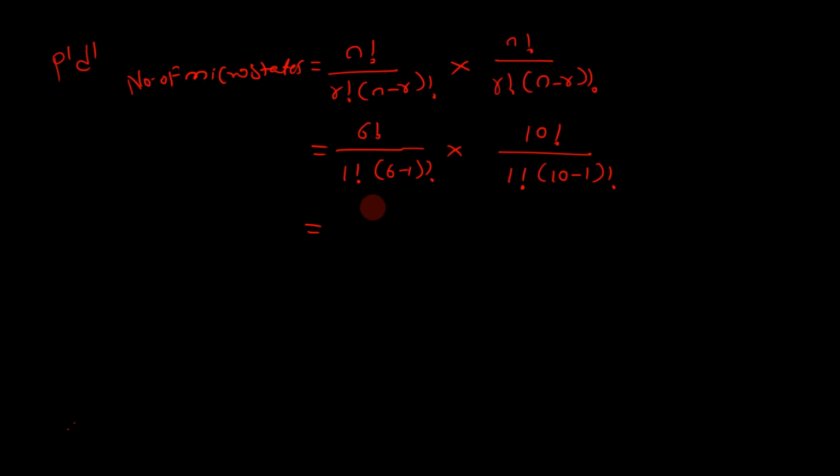So here we write 6 into 5 factorial divided by 1 into 5 factorial, multiplied by 10 into 9 factorial over 1 into 9 factorial, since 1 factorial is 1 and 10 minus 1 is 9 factorial.